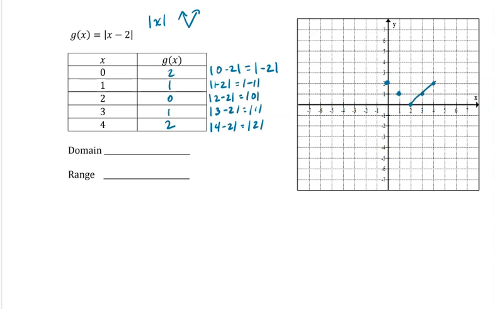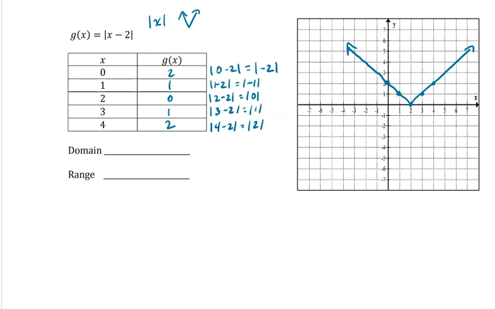Again, we can see that it does in fact make that V shape. So we can go ahead and draw the V. But what happened to it? Normally the V shape is here. But in this case, it moved to the right 2. Again, just something to keep in mind for now.